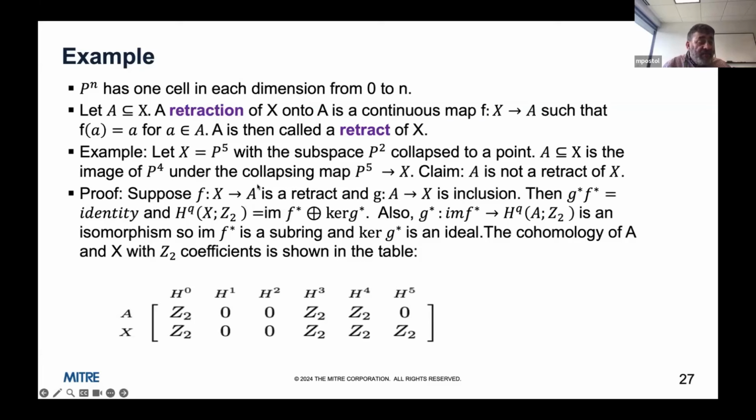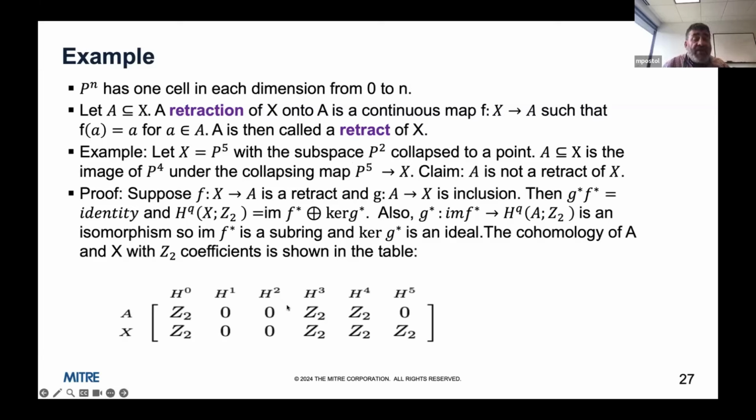All right, so let's let X be P5, the 5-dimensional projective space, but I'm going to come along and tear out the 1 and the 2 cells. So those are going to be collapsed to a point. And A is going to be the image of P4 under that.